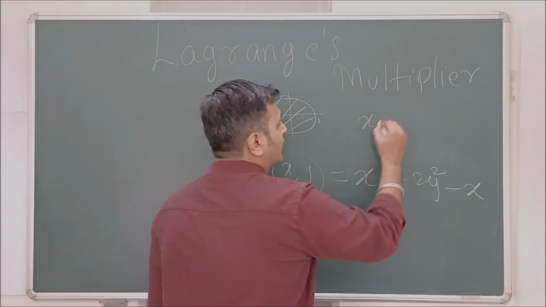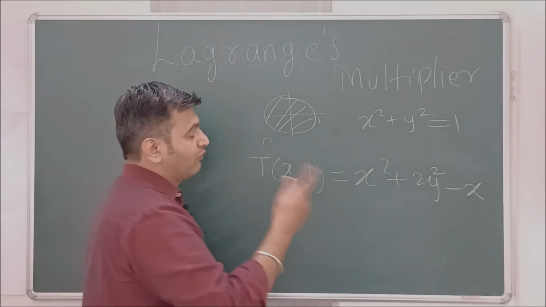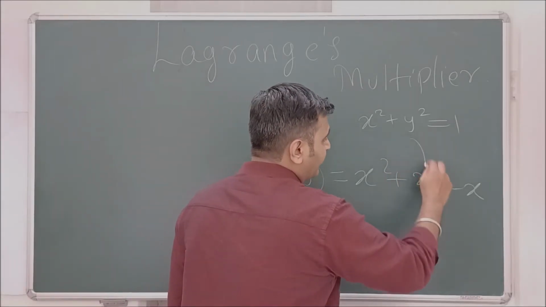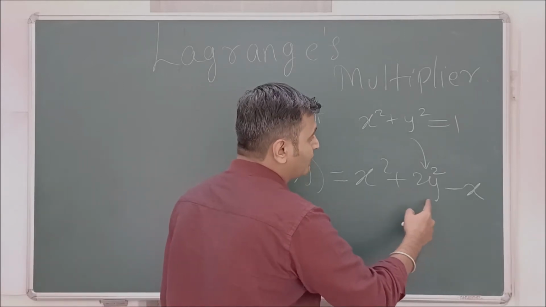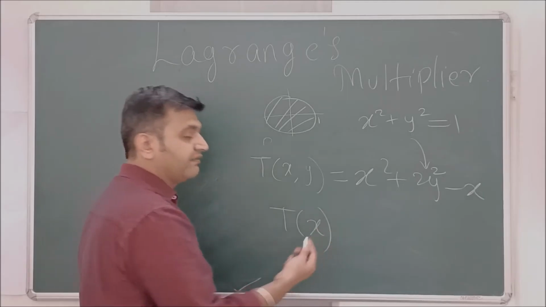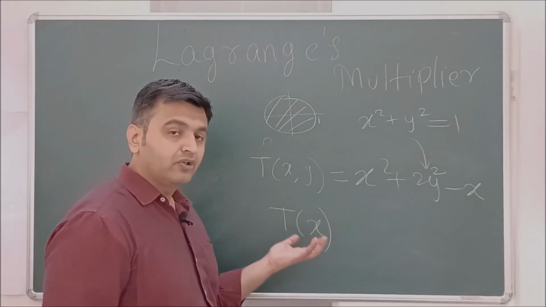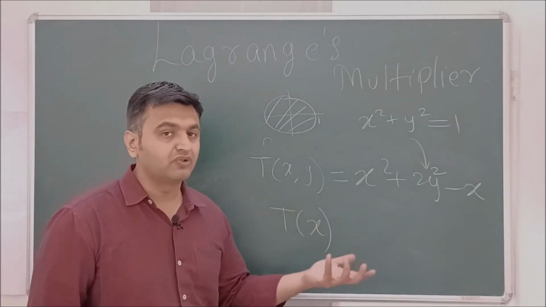And for the boundary, you have x² + y² = 1. So what did we do? We just found y² and substituted it here. So you have x² + 2(1 - x²) - x. And then this was ultimately a function of one variable. And then you applied your single variable techniques, T'(x) = 0 and so on.